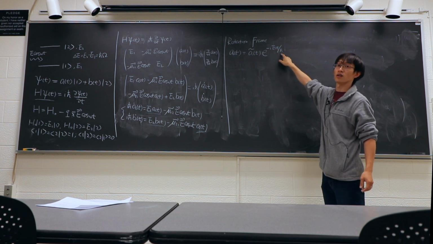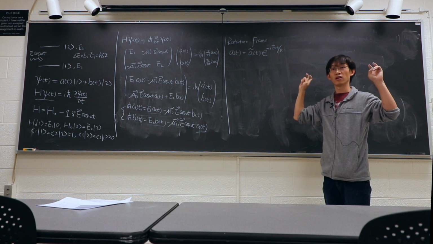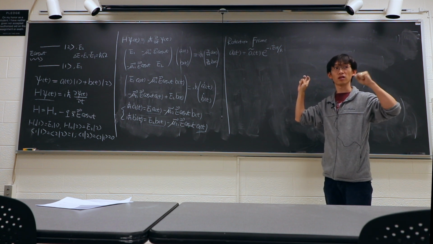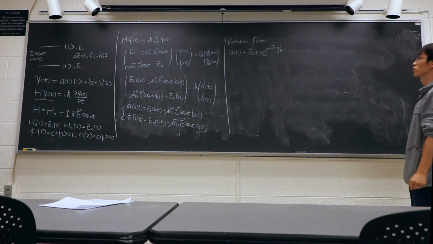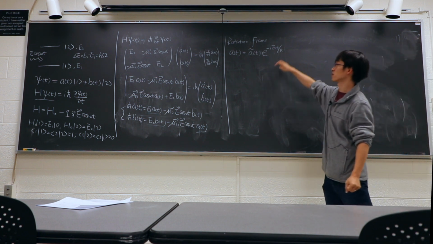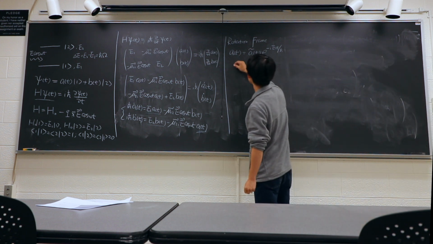E1 divided by h bar, if you remember, is the frequency of your state. Your state has a certain energy, so you have a wavelength. You also have a frequency. So this is called the rotating frame. We can do the same to B.